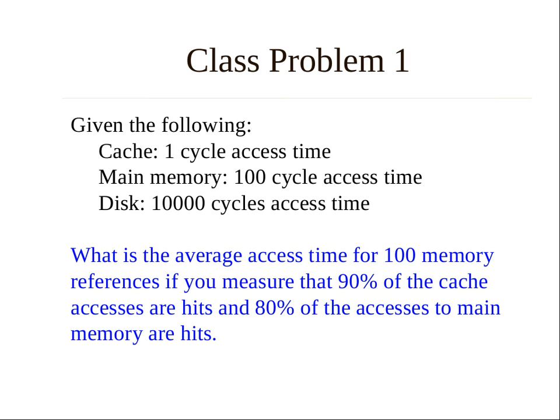What's the dominating term? Even though 2% went to the disk, it still dominates basically your average access time. Yeah, 90% went to the cache, yet our average access time was basically determined by how often we had to go to disk.